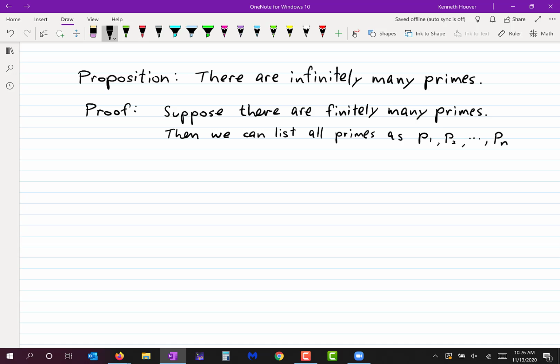Okay? Now, let A be the product of all of those, P1 times P2, all the way up to Pn, plus 1. Now, that number A has to be divisible by a prime number.